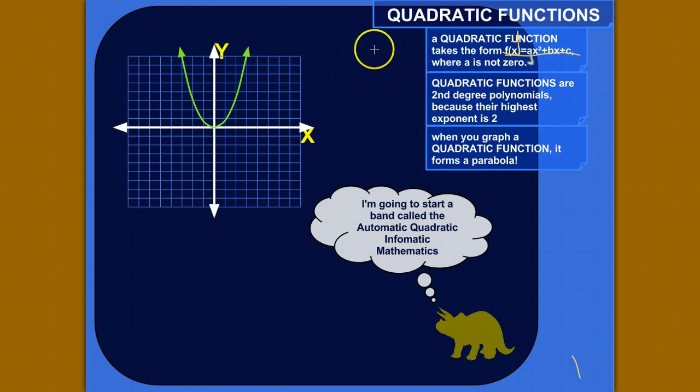So, for example, it could be something like y equals x squared plus 2x plus 3. And my a in this case, quote unquote, is 1. There's like a hidden 1 here. That's the coefficient. B is 2, and c is 3.